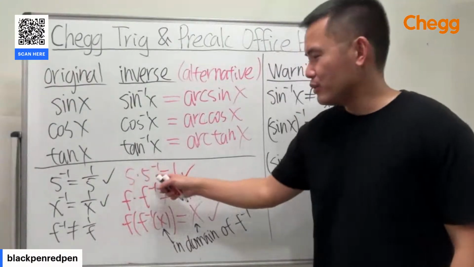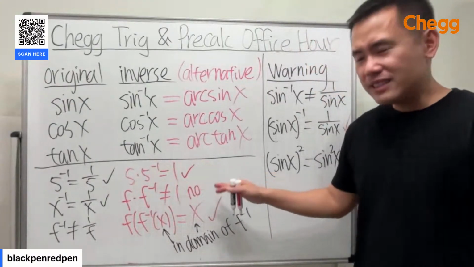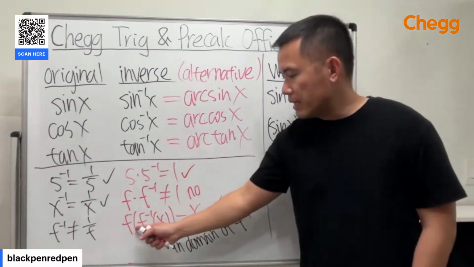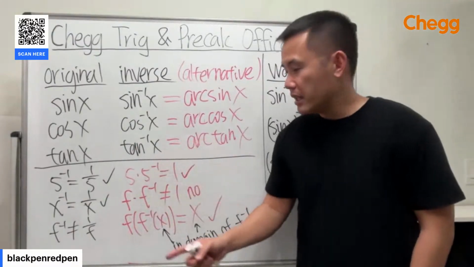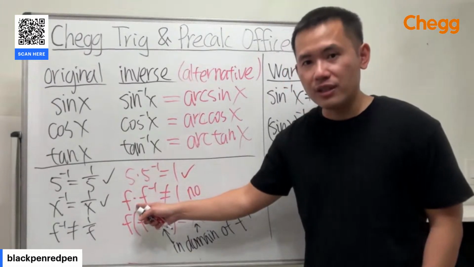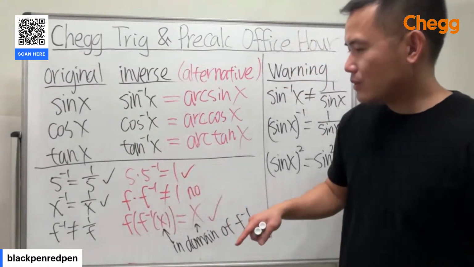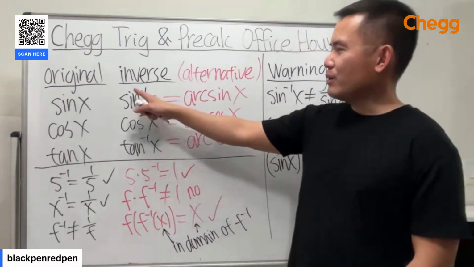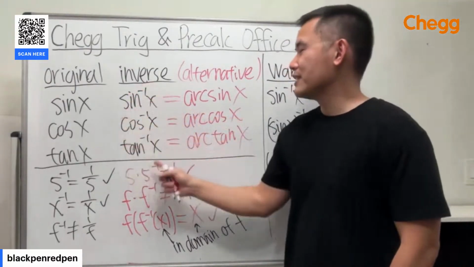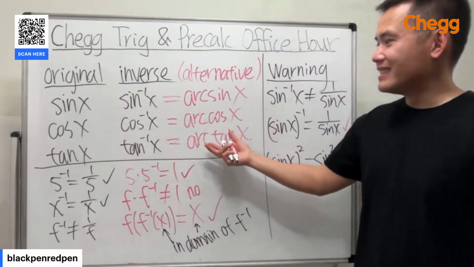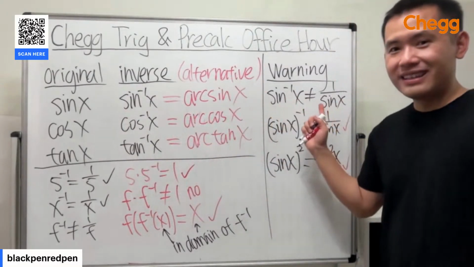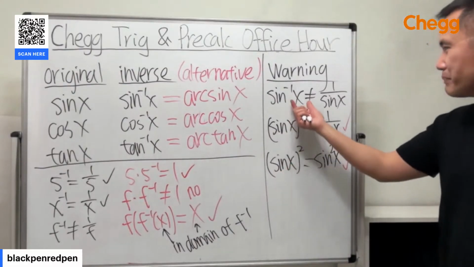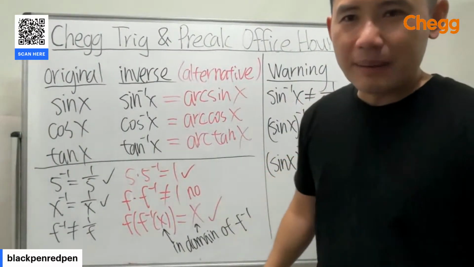When you cancel them, you have that the 1. So I think that's the reason why we have the negative. But for functions, it's mainly about function composition, not about function multiplication. As I said though, for now, at least know that these notations are the inverse. Do not do this right here. Yeah, I know it's pretty crazy why this is okay, but not with the negative ones. There are exceptions for that.